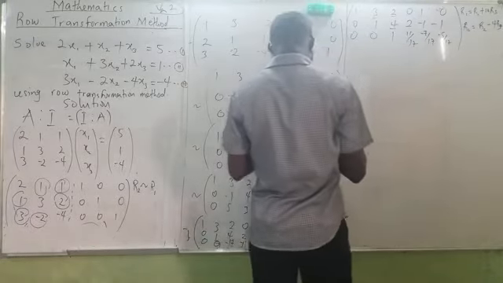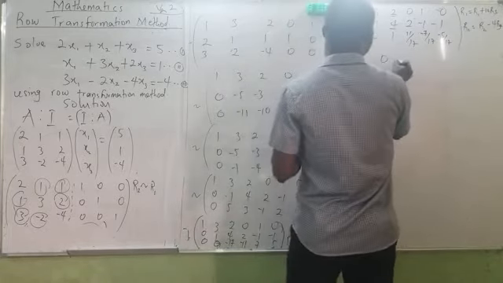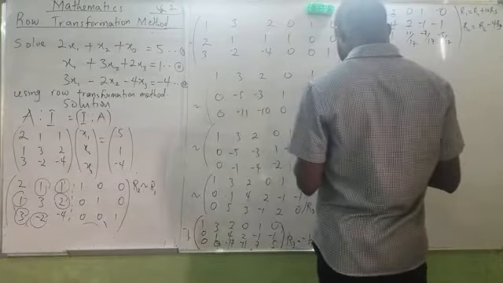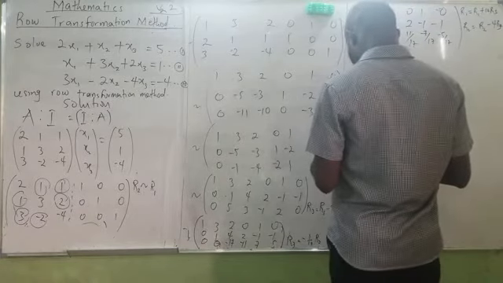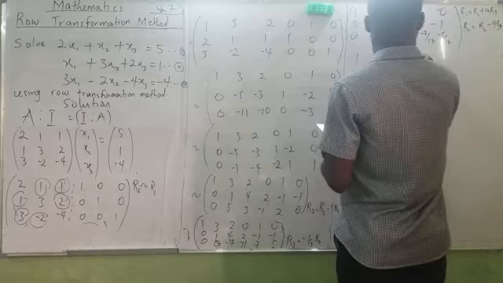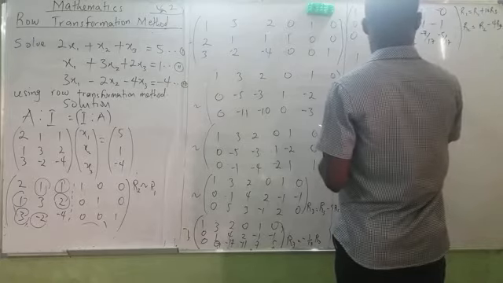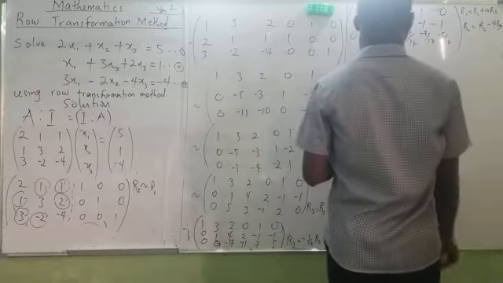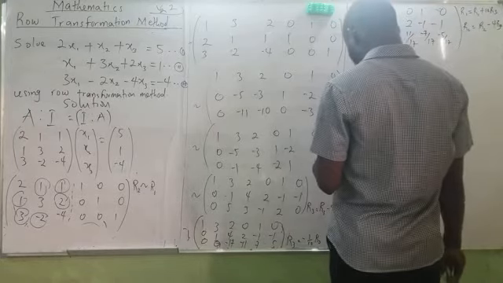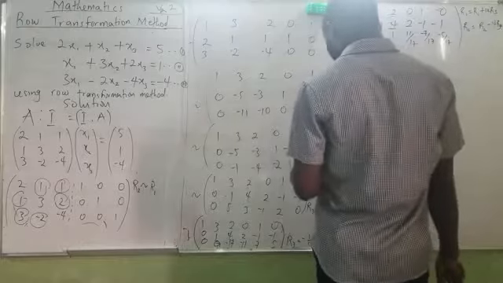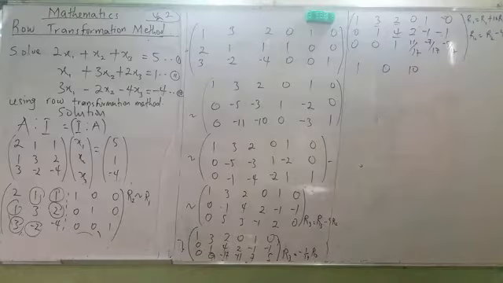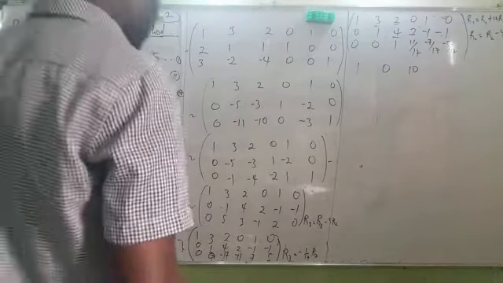Since I have that, it will be 1, 0, 0, 1. Okay, it will be 1, 10, plus that. Okay, since I have that, it will be... Okay, I think I'll make a silly mistake somewhere.